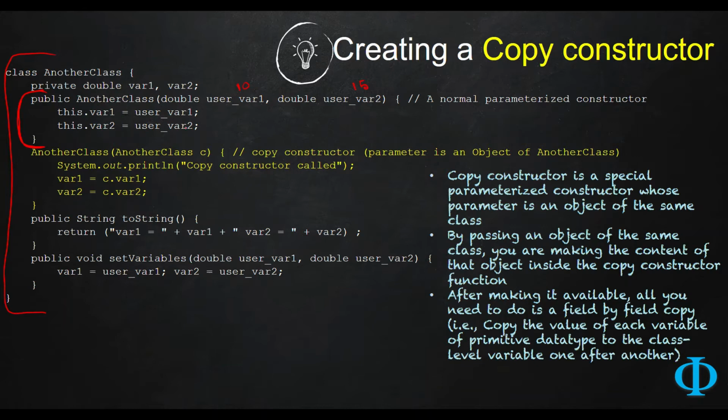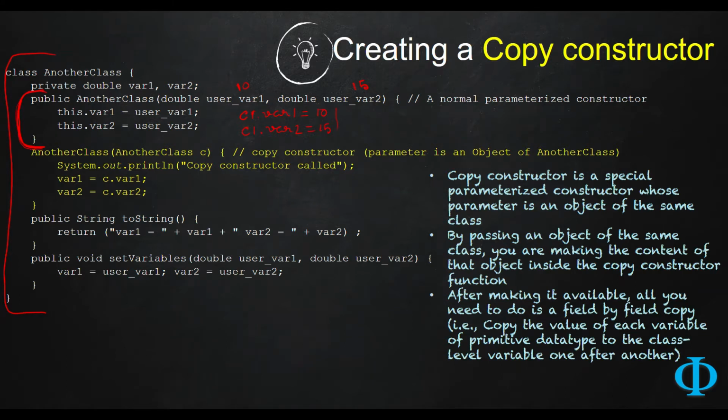And inside this C1 object's var1, it will put 10, and inside its var2 it will put 15, like this. So the object has been created in this way by calling this parameterized constructor.